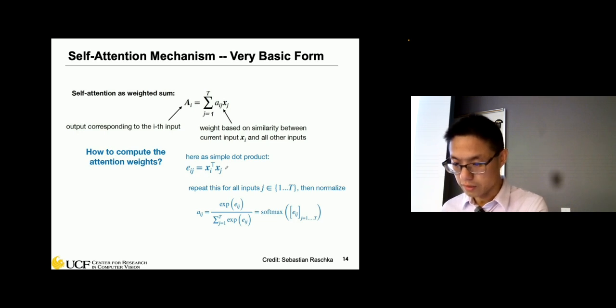By the way, why can we use the dot product to capture the relationship? You can view the attention weights as a sort of relationship or similarity. So why is the dot product able to capture that? Anyone?